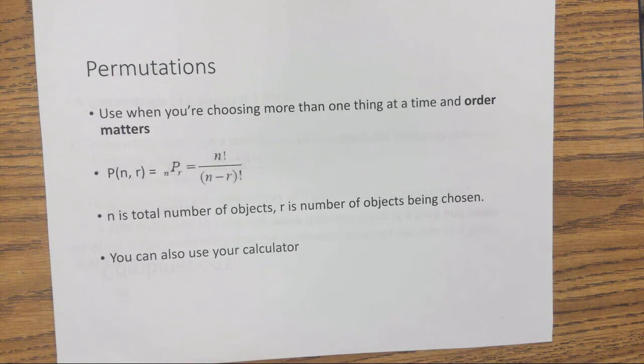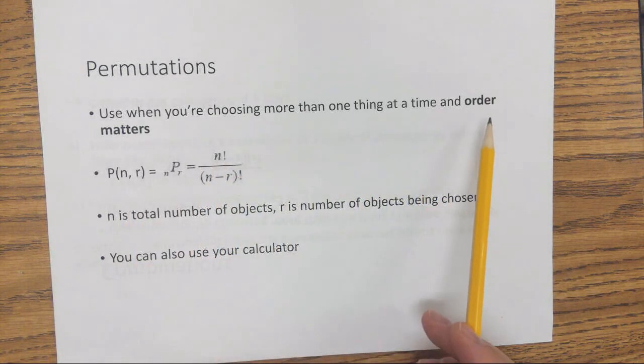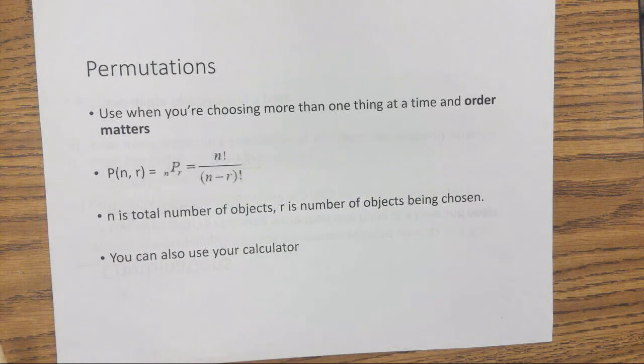Here's another way to count. They're called permutations. You use permutations when you're choosing more than one thing at a time, and the order of it matters. To write these permutations, you'll see them written 3 different ways. This P this time means permutation, not probability, of n and r.